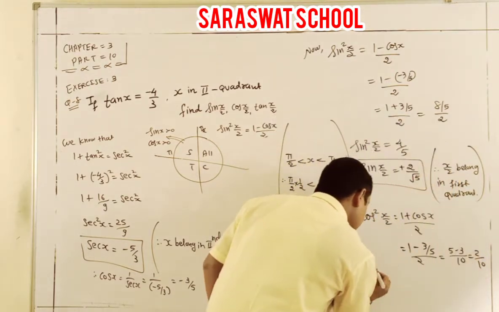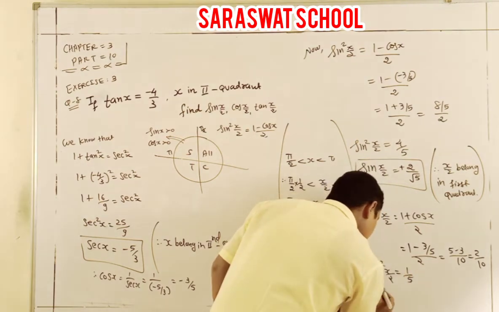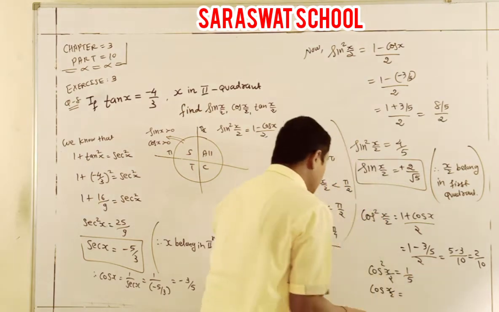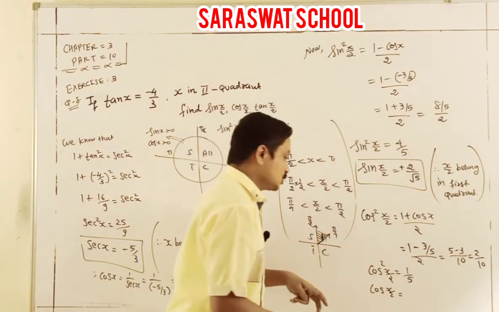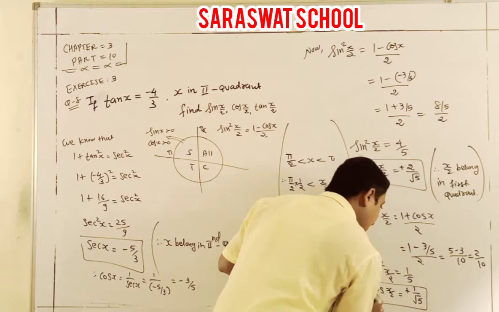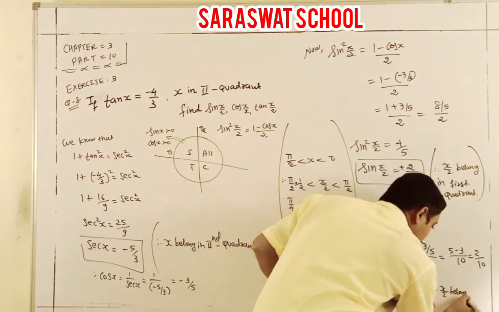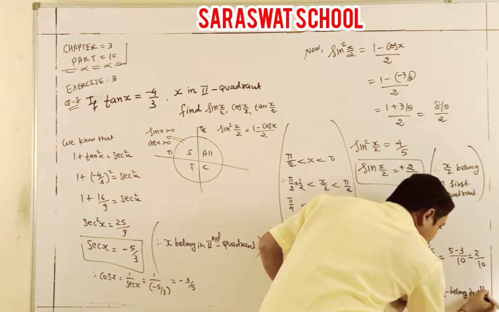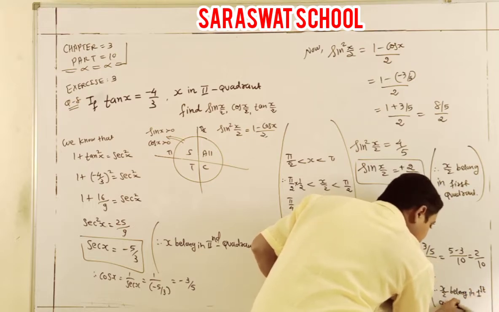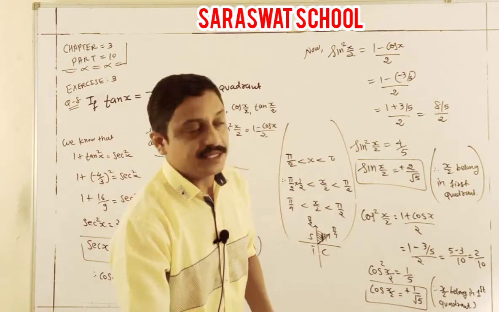So what do you get for cos square x by 2? Yes, 1 by 5. And cos x by 2 here is also in the first quadrant. So I write down positive 1 by root 5, and again I show here, because x by 2 belongs to the first quadrant. These are necessary, students, you write quadrant-wise.